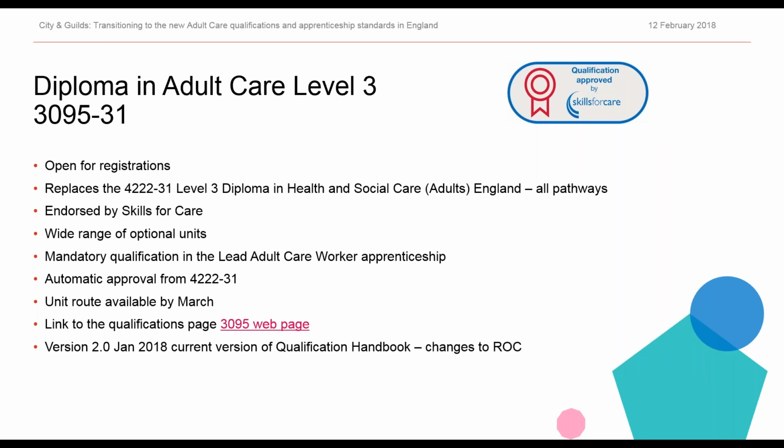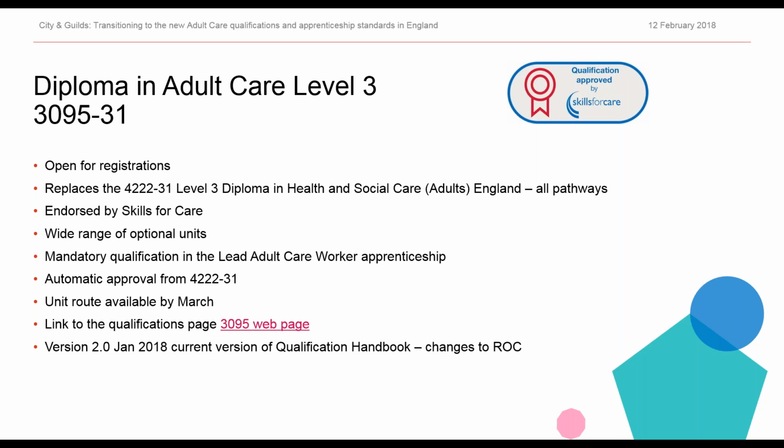Moving on to the Diploma in Adult Care Level 3, again this is open for registration. The qualification replaces the Level 3 Diploma in Health and Social Care and it's endorsed by Skills for Care. Again, we've got a wide range of optional units. It's a mandatory qualification in the Lead Adult Care Worker Apprenticeship Standard. And you will find that if you're a City and Guilds Centre and you've been offering the Level 3, then you would have automatic approval to register for this qualification.